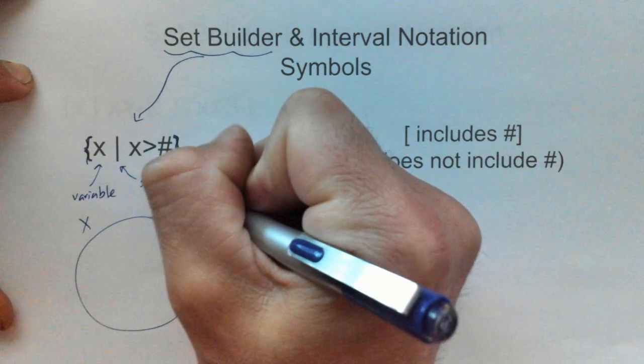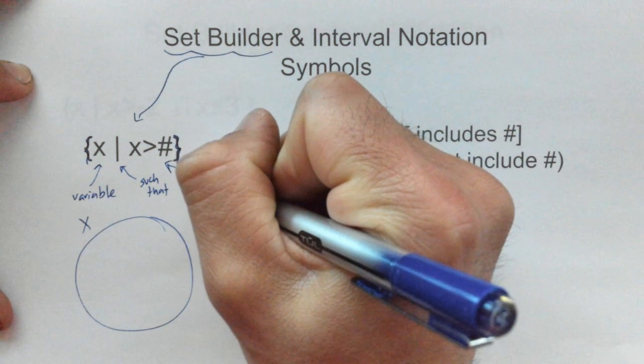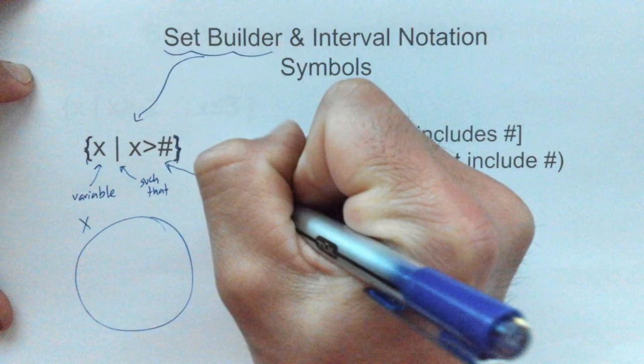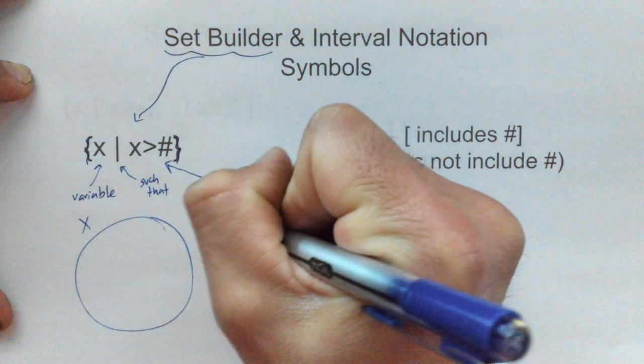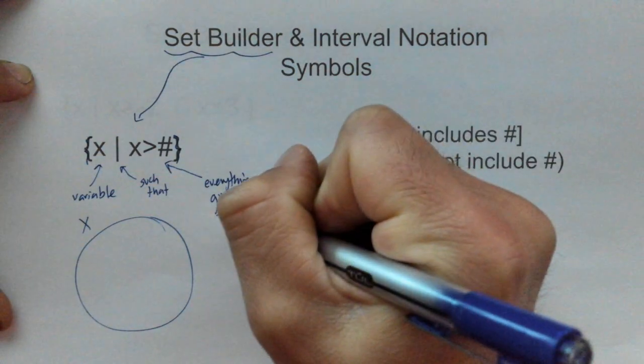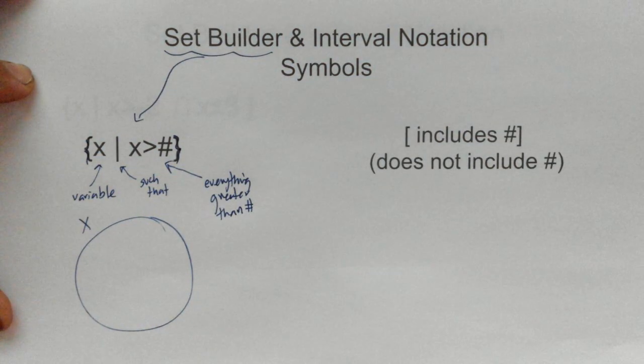This tells me such that x is everything greater than a specific value. That could be some number, right? Whatever the number is. That's how we're going to read or interpret this notation.